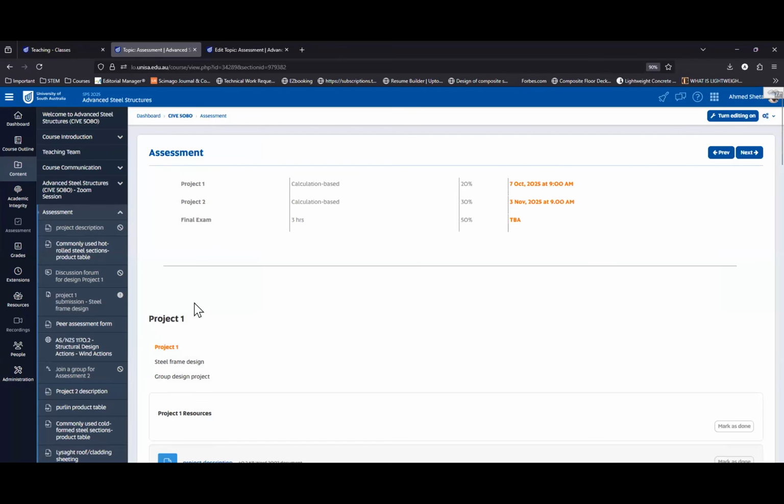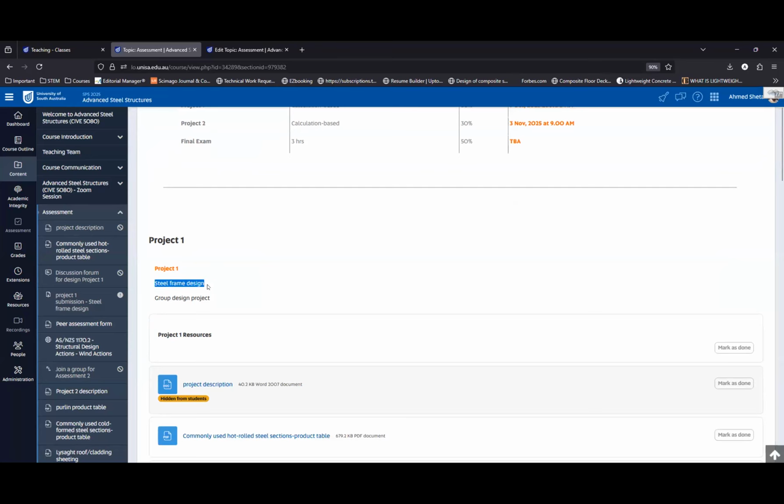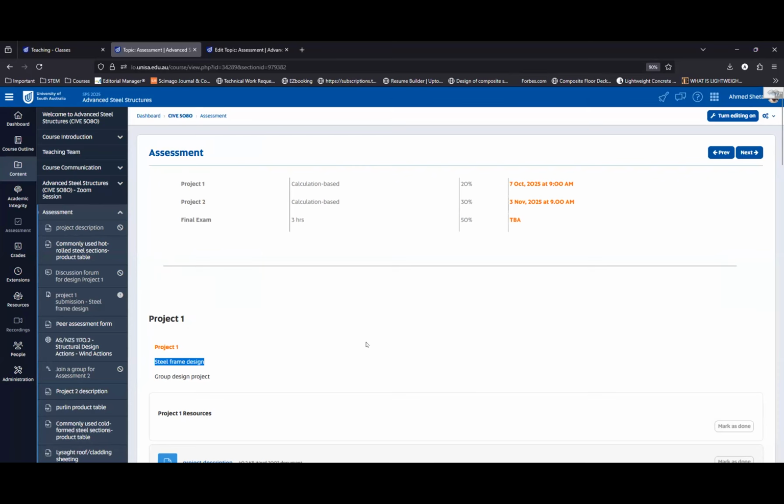The first one will be steel frame design. In this part, we will use hot rolled structural steel members like universal beams, welded beams, and so on, broad flange beams.